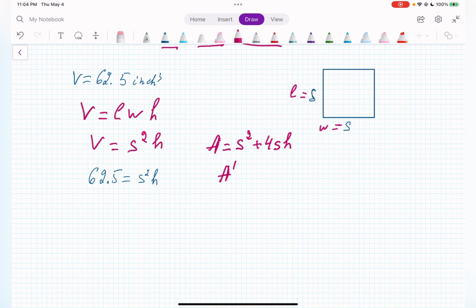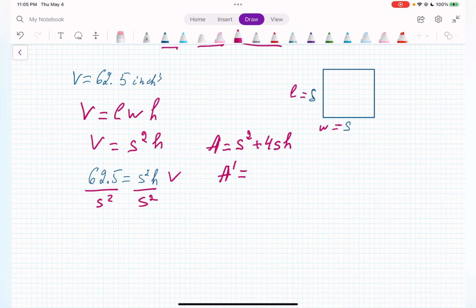Now, since we have two variables, S and H, just like in previous cases, I'm going to get rid of H, meaning express H through S. How am I going to do it? Through this volume equation. So I'm going to find H, divided by S squared, right?